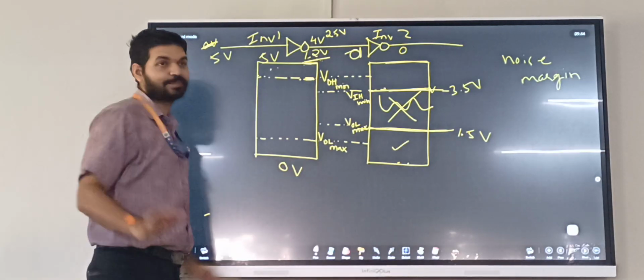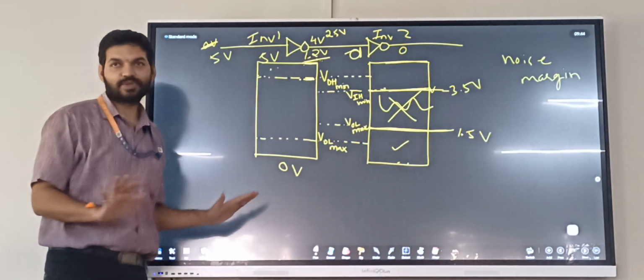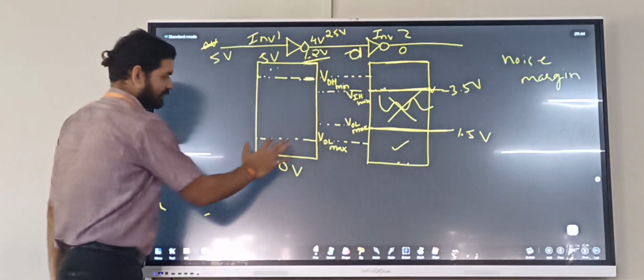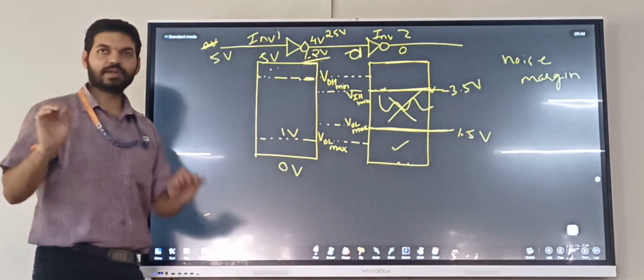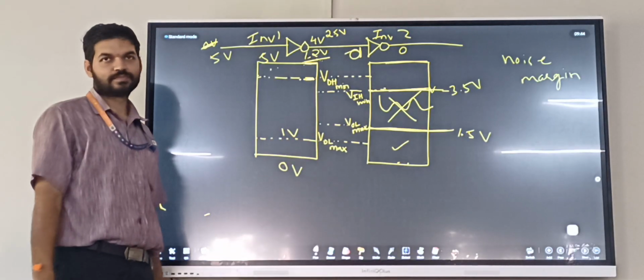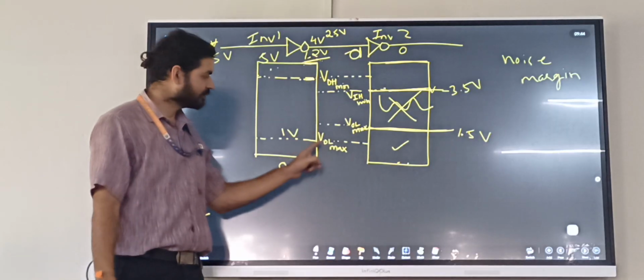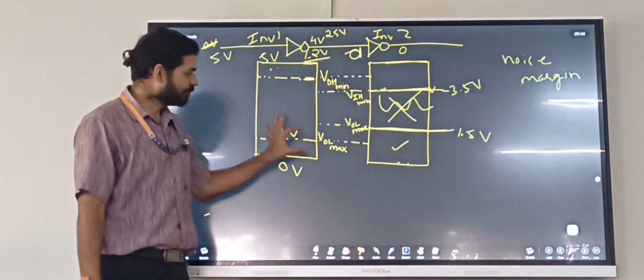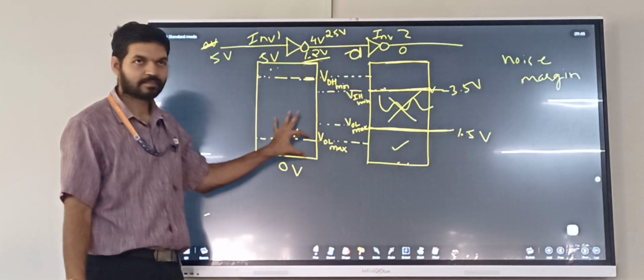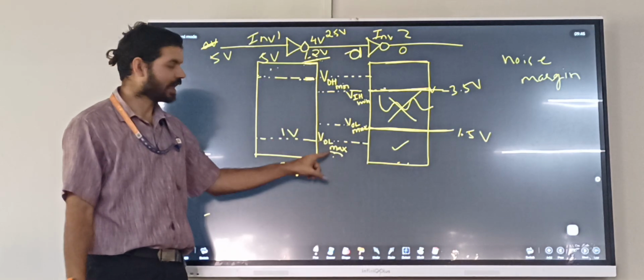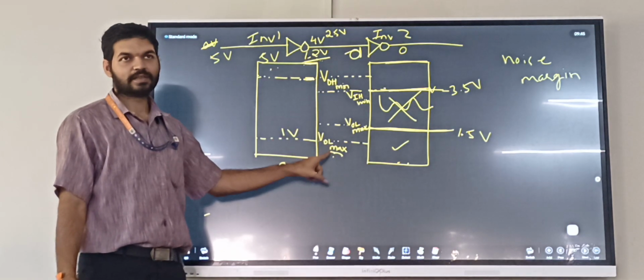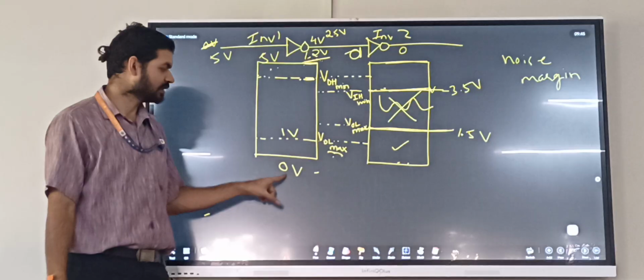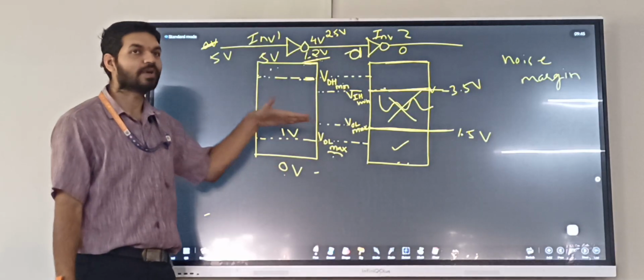Low means the expectation is 0. But at most 1 volt can come. It should come as 0 volts, but maximum it can come up to 1 volt.